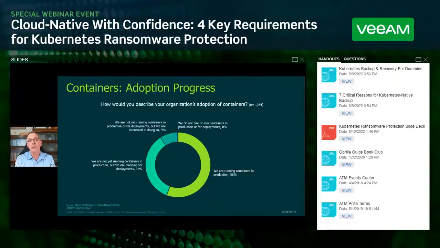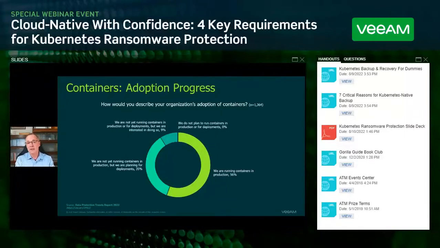What we found out when we surveyed them was that fully 56% had containers in production right now. The ones that didn't have containers in production were another 35% who were planning for them, which meant that we had only 9% of the 3,400 folks that we interviewed worldwide that didn't have containers either in production or were planning for containers.